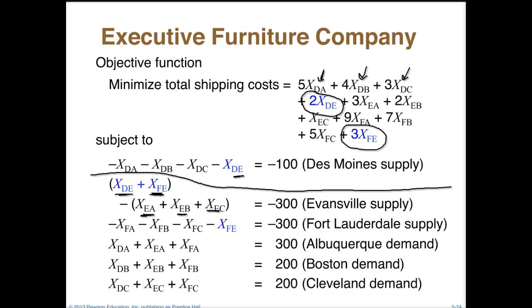And so then for Fort Lauderdale, we have to take into account what we're actually shipping to Evansville, since, again, we've got a contract there where shipping prices are so cheap that it's probably advantageous for us to ship everything out of Evansville.